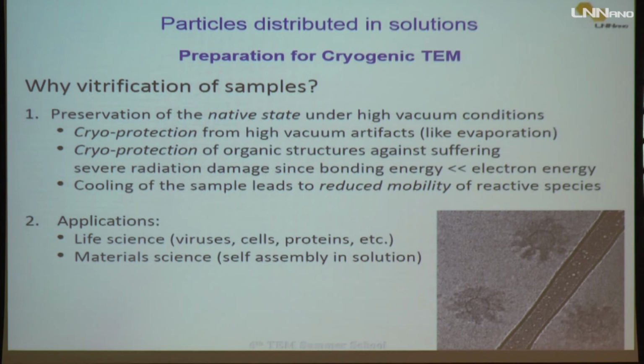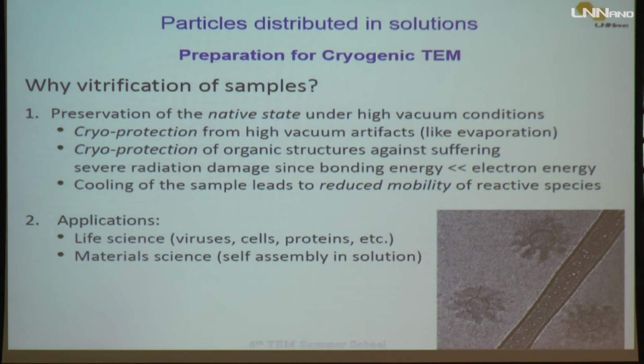And then when you do the cryogenic preparation, you will protect your sample from this ionization also. And when you cool your specimen, you reduce the mobility of reactive species. You simply freeze in time your sample. This is the idea. You preserve the native state of your sample for the investigation that you want to do. Okay?